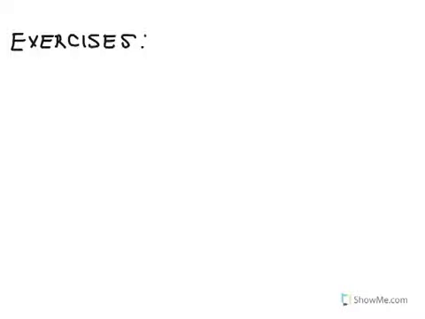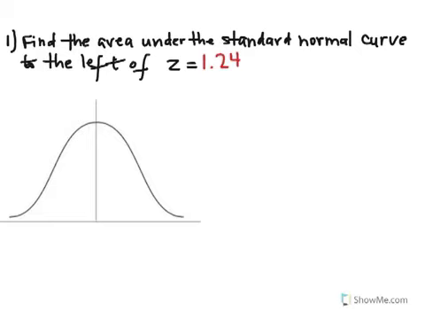Let us now solve some exercises or problems and find the area associated with a z-score. Let's imagine that we want to find the area under the standard normal curve to the left of z 1.24. Okay. Now for this, let's visualize it first in the normal curve or bell-shaped curve graph here. We know that the mean of a standard z variable is 0 and the standard deviation is 1.